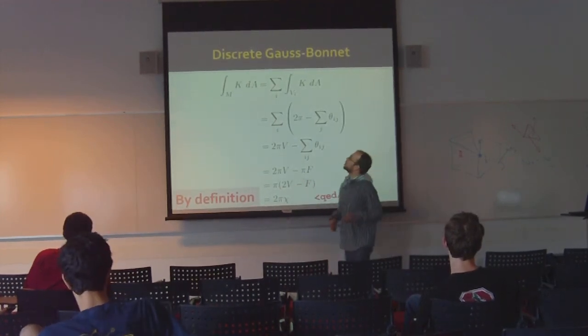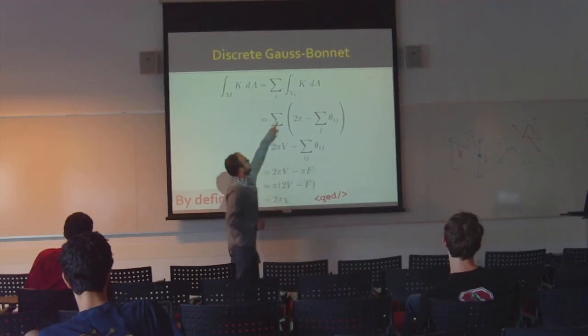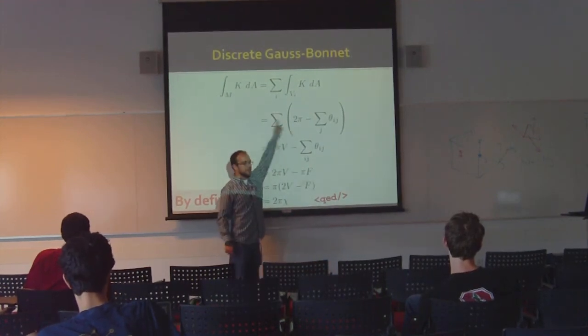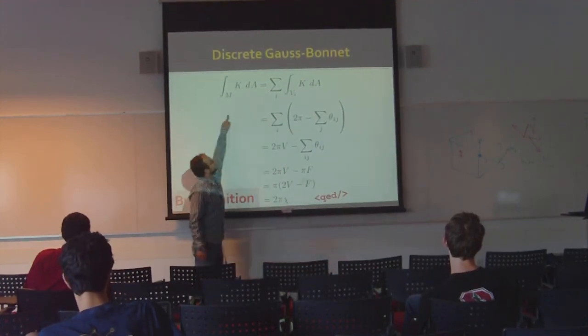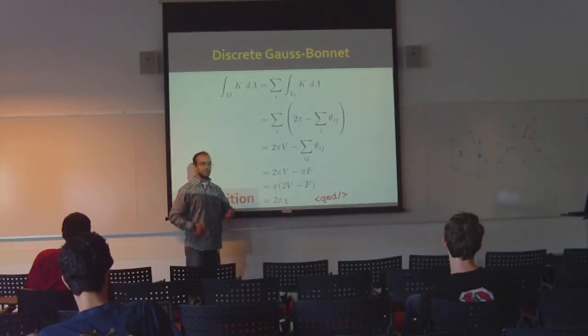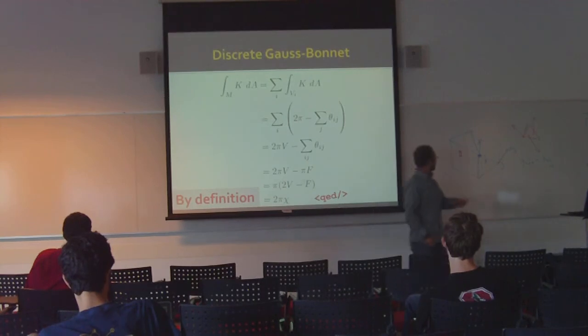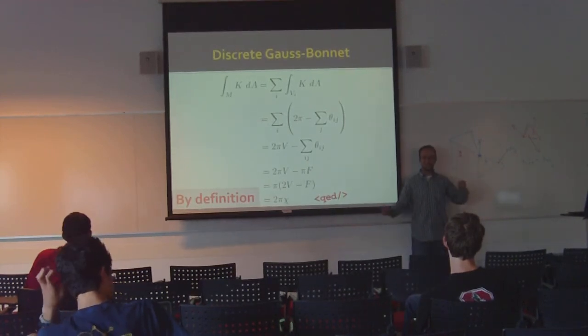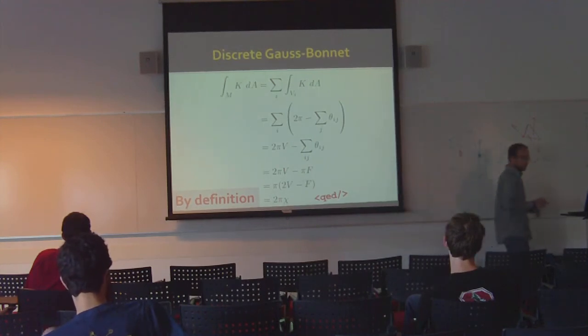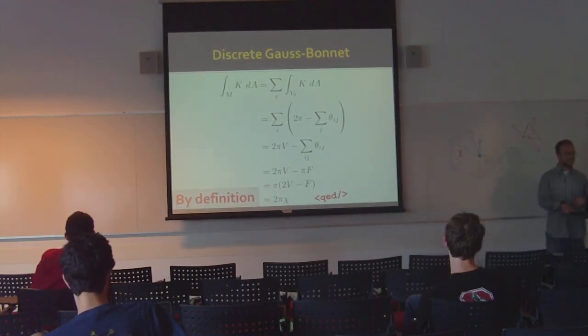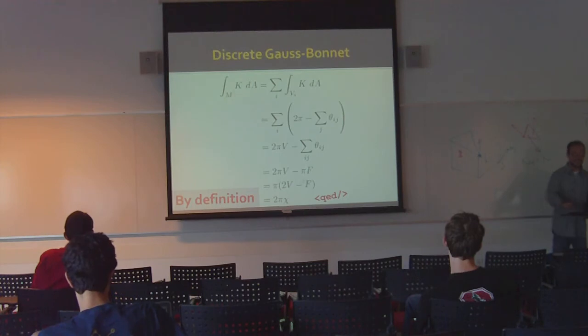So what did I prove to you? I proved to you that under our definition of curvature as this number, at least integrated over a cell, the Gauss-Bonnet theorem holds exactly. Do you think the Gauss-Bonnet theorem is going to hold if I use one of the other algorithms to compute curvature? Absolutely not. In fact, maybe a fun homework problem is to actually try this, and you'll find that it doesn't hold at all.